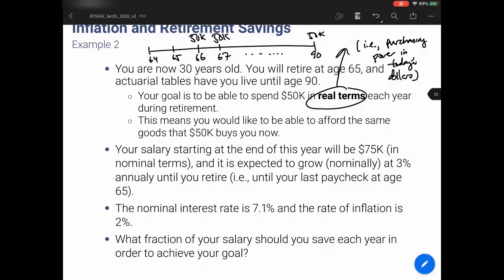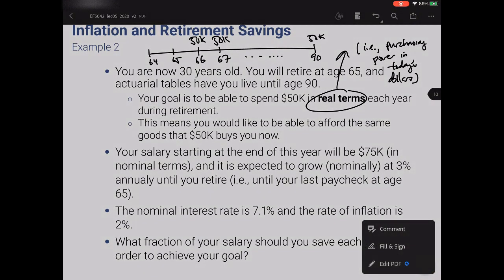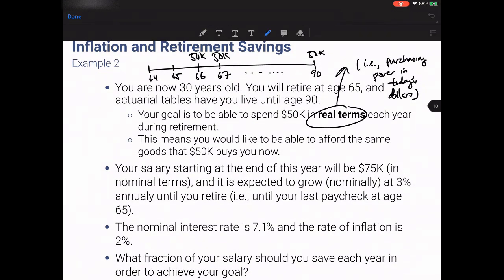Again, to re-emphasize what our cash flow to ourselves, or income to ourselves, looks like in a timeline, let's just draw it out. So our timeline looks like the following. We are age 30 today, but next year we will make 75K nominal.